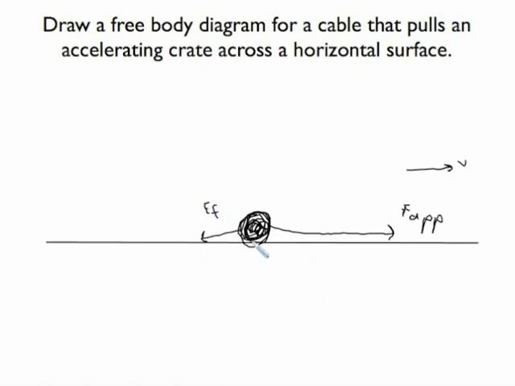And then, don't forget, you have your gravity force. This is what causes your crate not to float in the air. And you have a normal force. So when you do this, you want to write a couple things for your reader. You want to say the normal is equal to the gravity, and you want to say the friction force is less than the applied force.